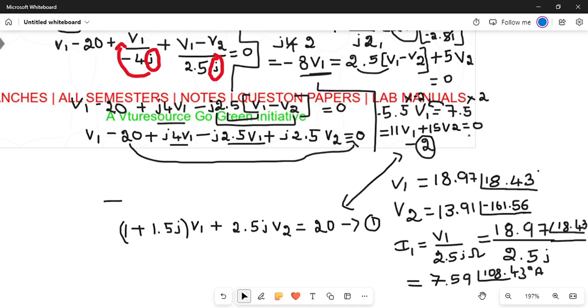If it comes, what do you do? Multiply both equations by 10, and then you're going to use one thing called 1 by j is equal to minus j.